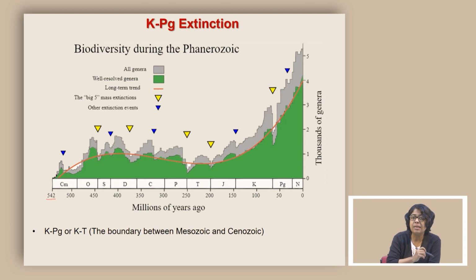But these changes or this increase is not a monotonic increase. That means that if we take any two subsequent points on this diversity curve, we cannot really say that the curve or that the point which is younger will show you high diversity.